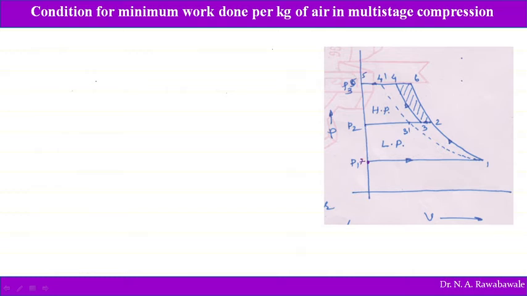This point we call 6. 7 to 1 is the suction process, suction of air into the low pressure cylinder. We have a low pressure and a high pressure cylinder. So here we will represent the LP cylinder, which is bigger in size, and the HP cylinder, which is smaller in size. We have here a piston.